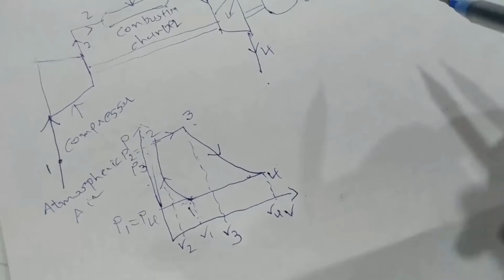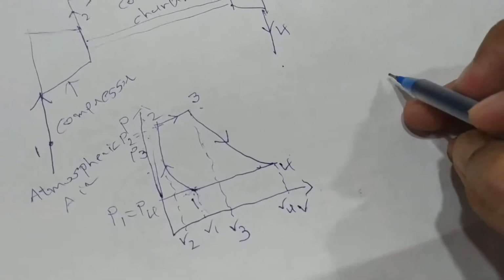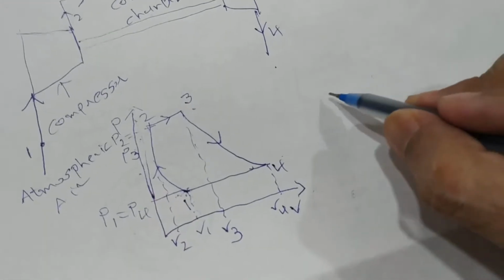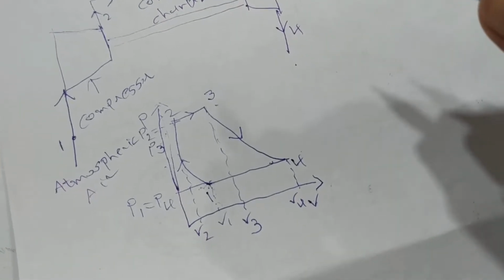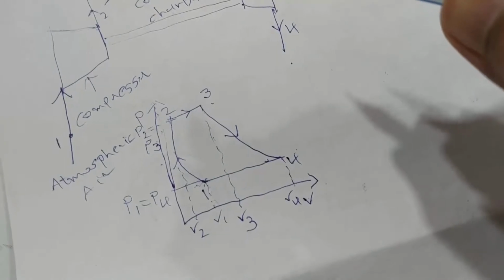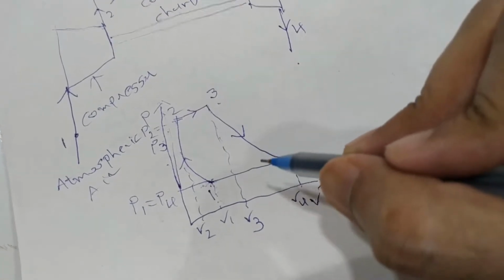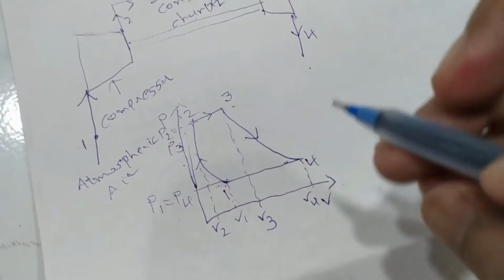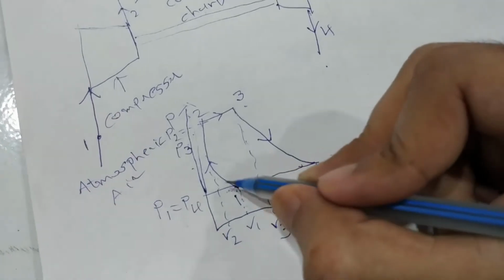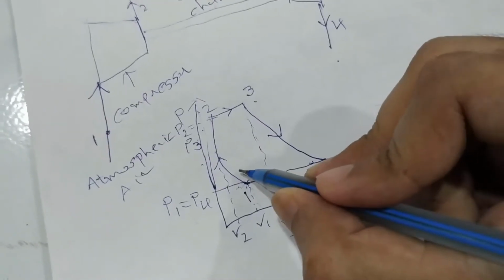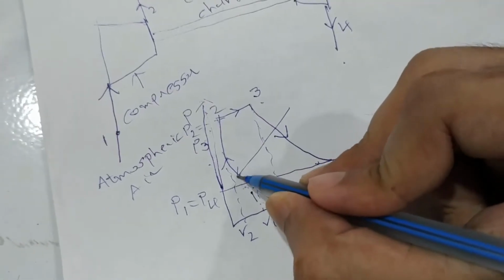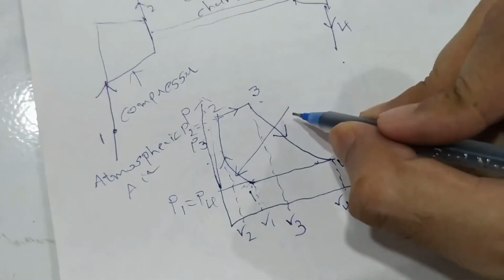Now I will show you the TS diagram, which is called the temperature entropy diagram. Before that, I will give you the names of these processes. The first process is compression, so I will name it isentropic compression.